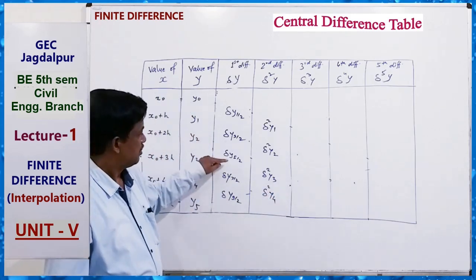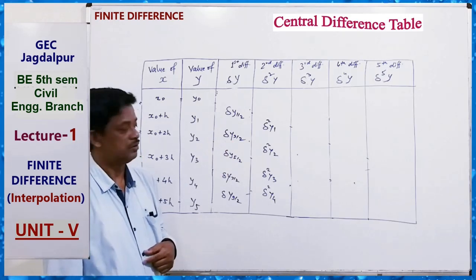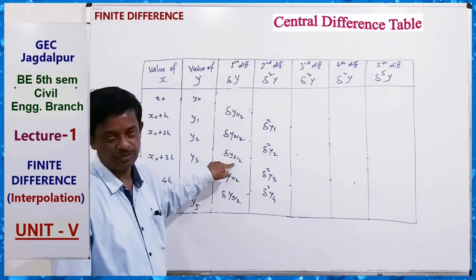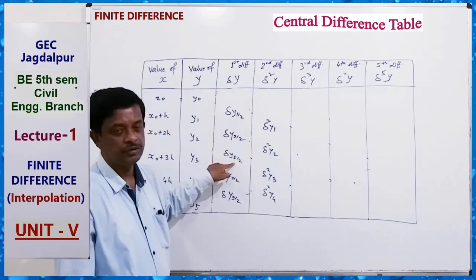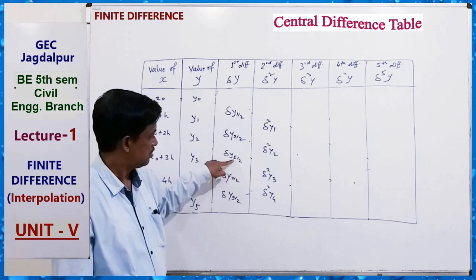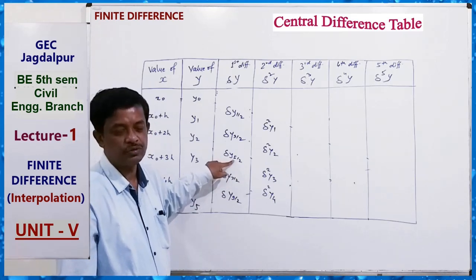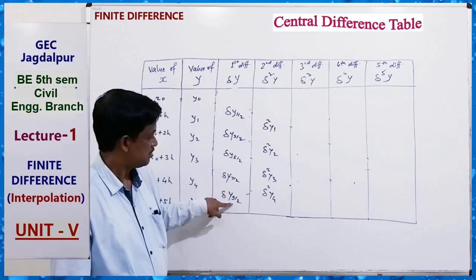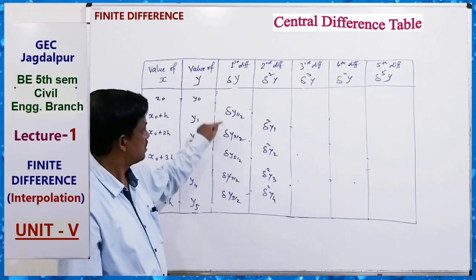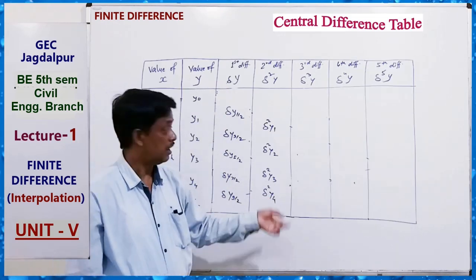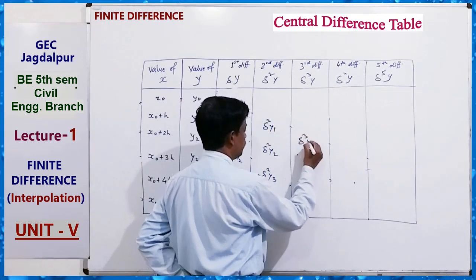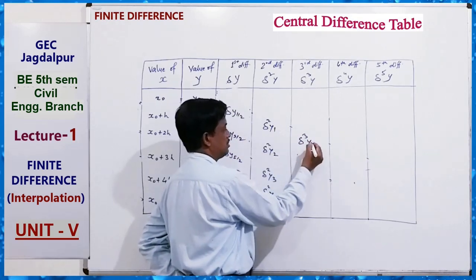You can see 5 by 2, 3 by 2, and the numerical differences follow as 4, 2, 6, 3, 8, 4. Just subtract this from this, and this will be the notation for that difference. Here, delta squared y, with 2 and 1, average 3 by 2.